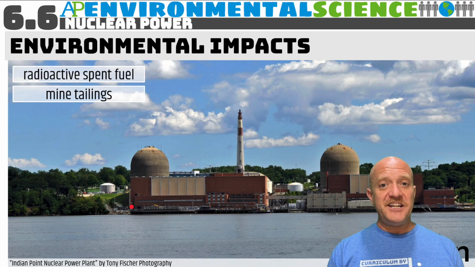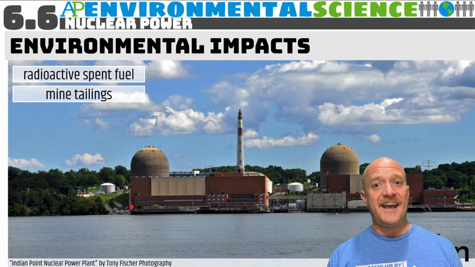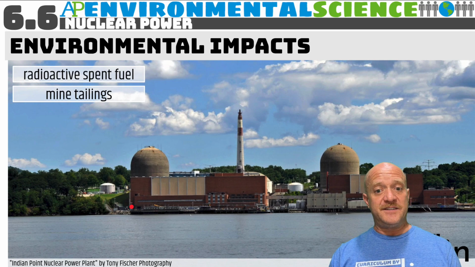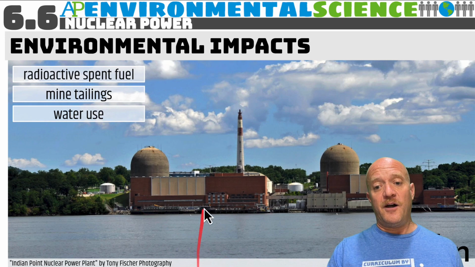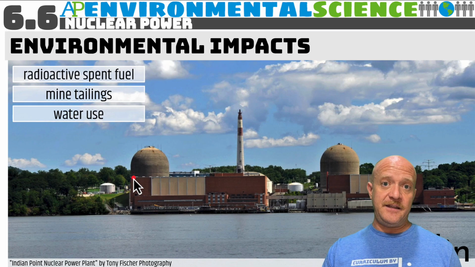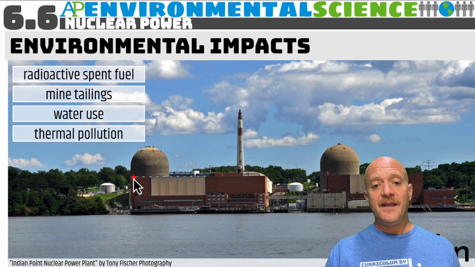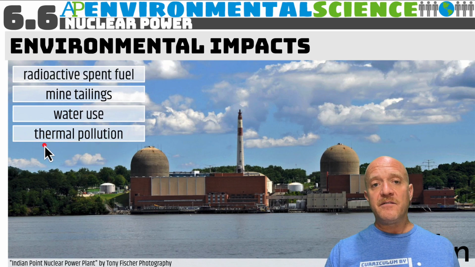So when you're enriching the uranium, it requires a lot of fossil fuels for that and requires other resources as well. Also, you're using a lot of water for the generation of the electricity. You need the water to convert to steam, which is turning the turbine. And that can lead to thermal pollution if it does get out into a body of water. Thermal pollution is just another way of saying hot water.